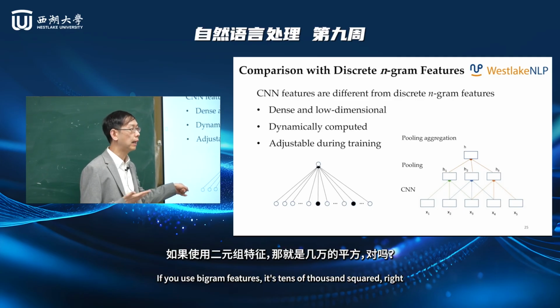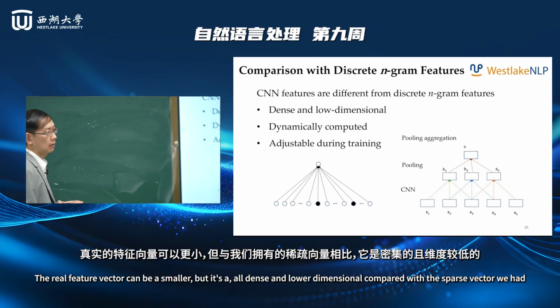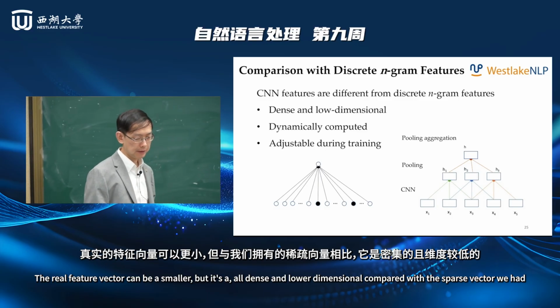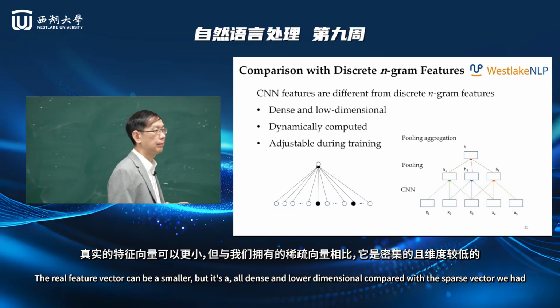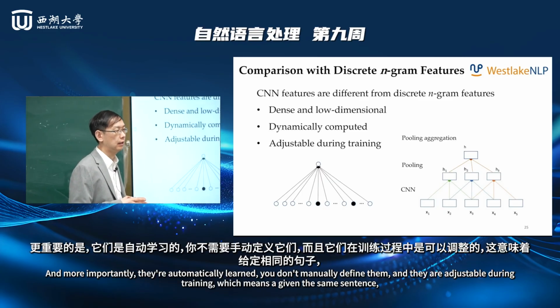If you use bigram features, it's tens of thousands squared, right? And if you use trigrams, it's even more, okay? But of course, you cut a lot of zero values because the real feature vector can be smaller. But it's all dense and lower dimensional compared with the sparse vector we had, okay?